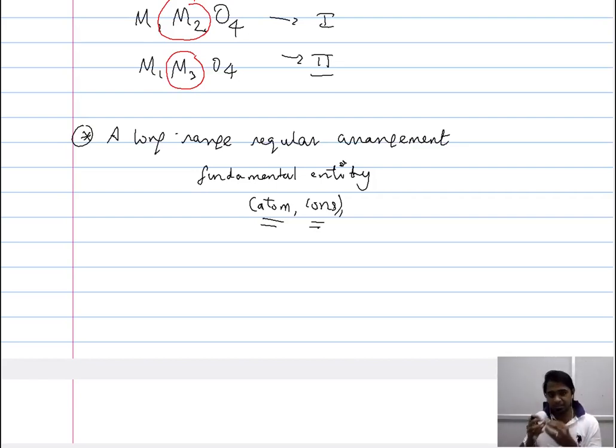If the mineral is present in the earth crust in the form of a compound, then the fundamental entity will be an ion. Now, these atoms or ions, these fundamental entities in a mineral, are arranged in a regular order.